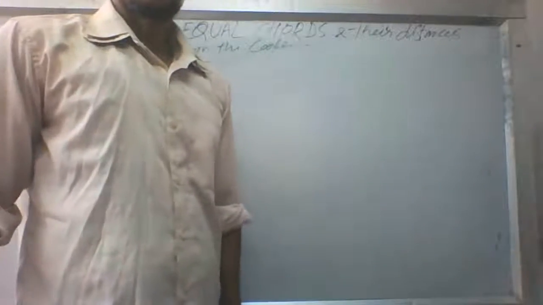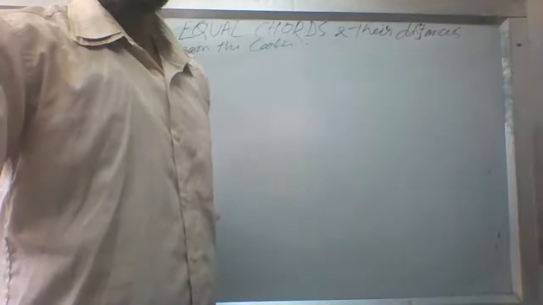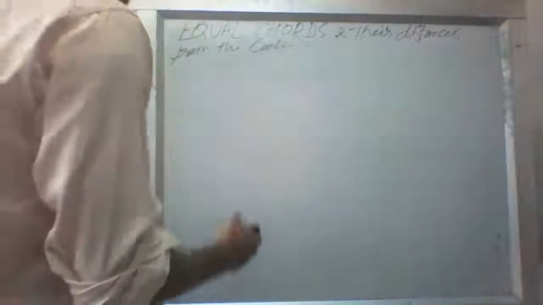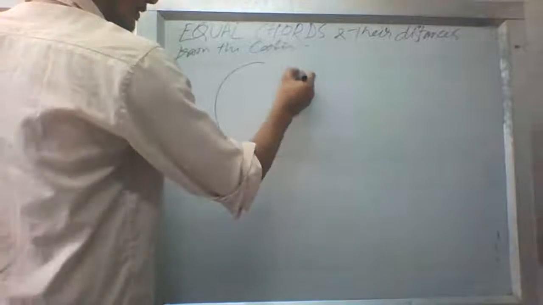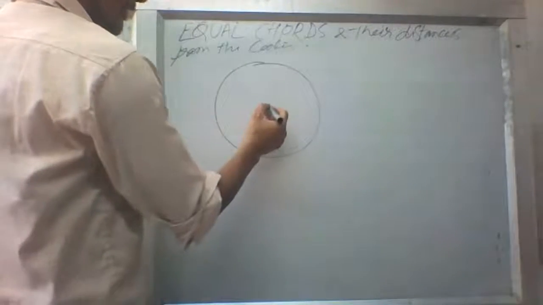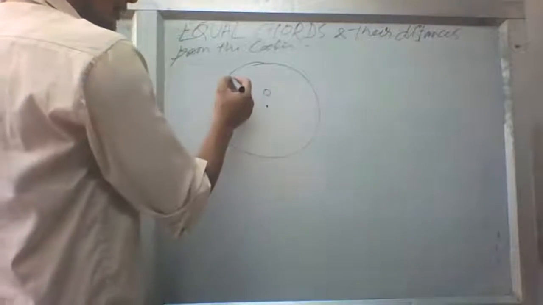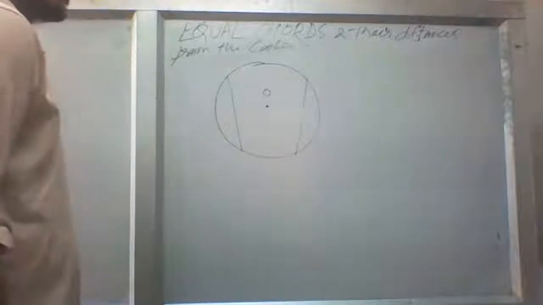If a circle is drawn, then two types of diagrams can easily be seen. One is: this is a circle, this is its center O, this is a chord, and this is a chord over here.